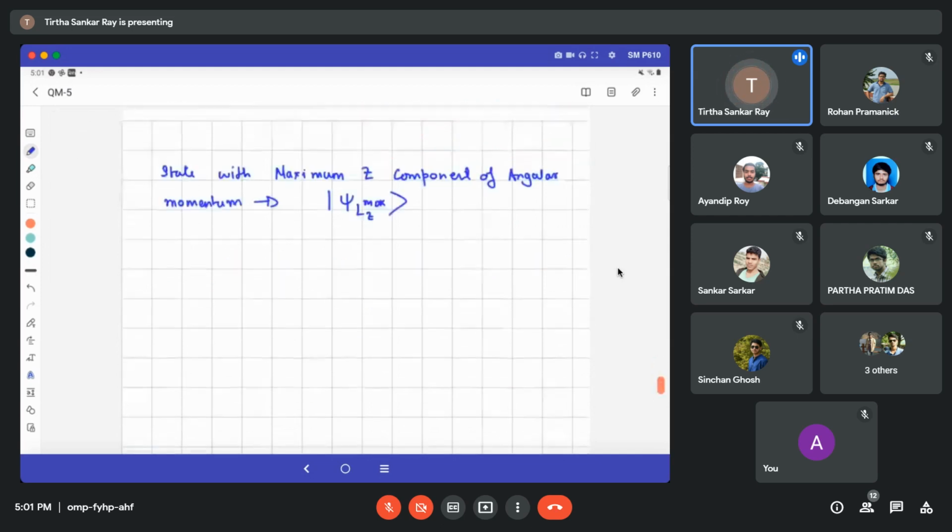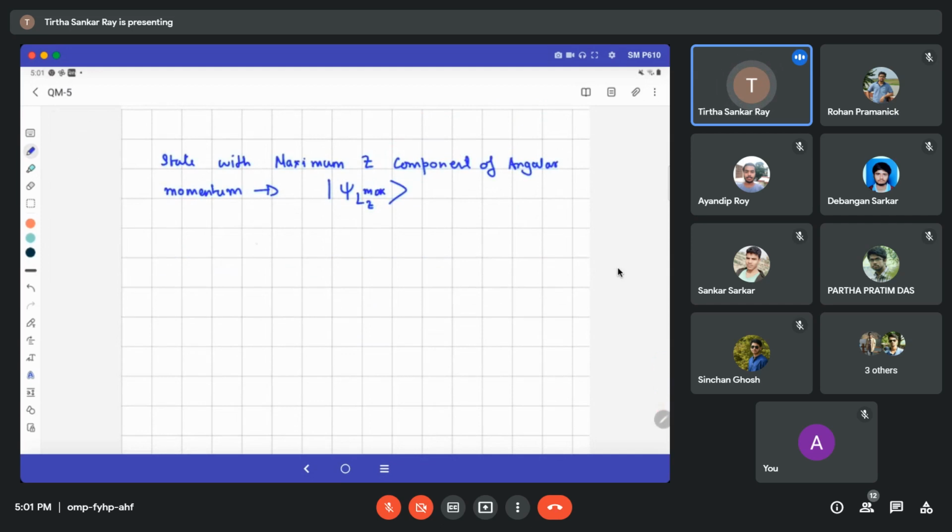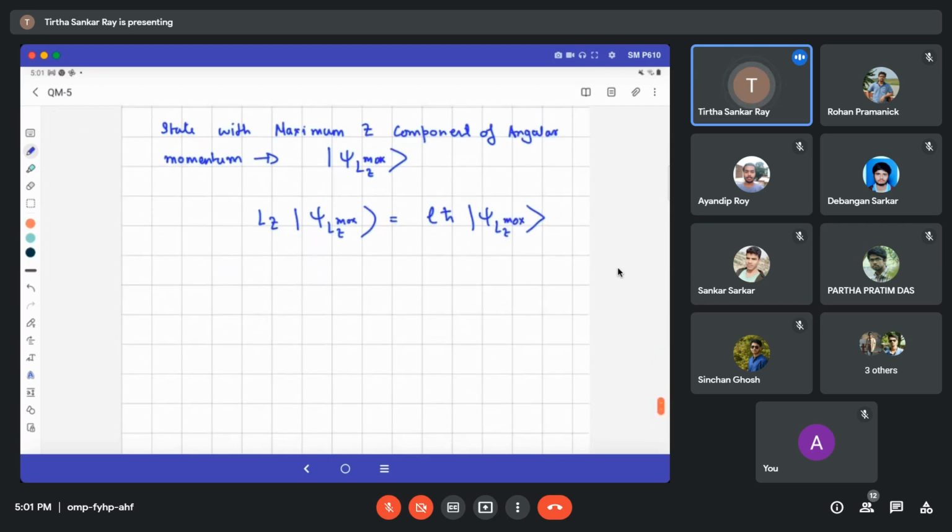Now, what we are going to say is that the Lz value of this psi Lz max is going to be given by L times h cut times psi Lz max, where L is some number which tells us the maximum value of the z component of the angular momentum. And the fact that this is maximum tells us that if I apply the raising operator further on this, since this is maximum, you cannot go higher up.